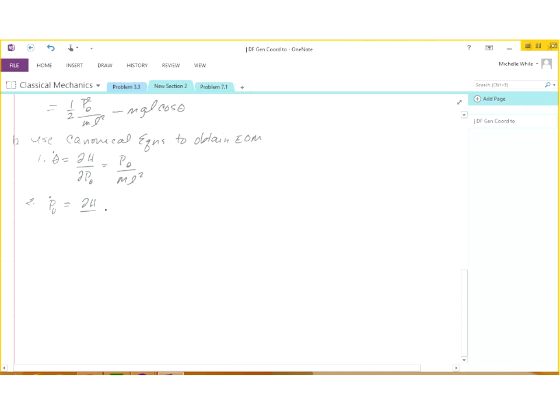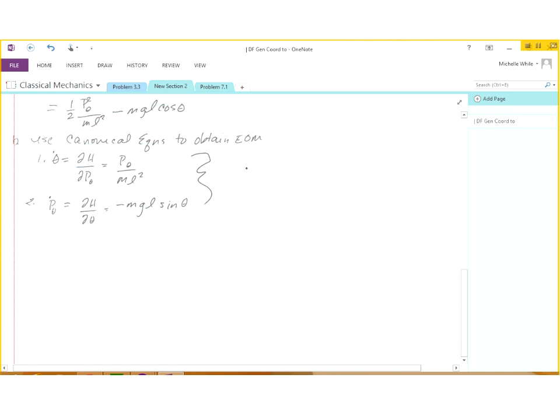So we have this Hamiltonian and our angle, our generalized coordinate. When I take the partial derivative of the Hamiltonian, I get mgl sine theta.